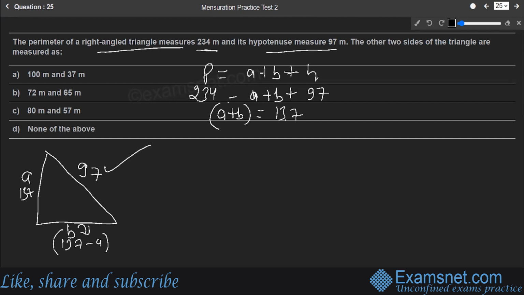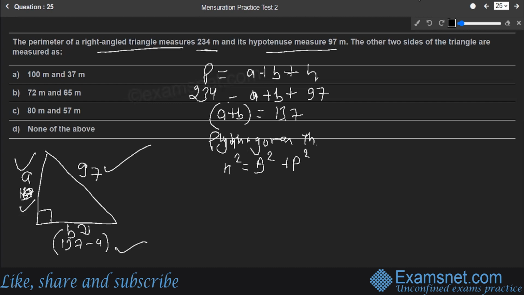Now these are the sides we have got: 97, then A, and the last one is 137 minus A. These are the three sides. This is a right triangle, so clearly we can apply the Pythagoras theorem here. Pythagoras theorem says hypotenuse square is equal to base square plus perpendicular square.